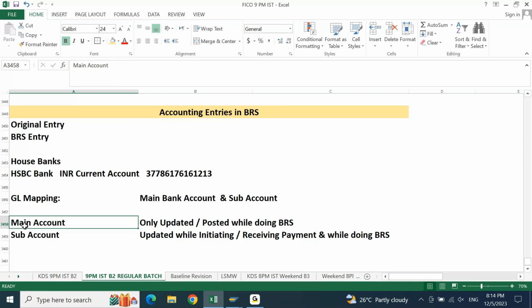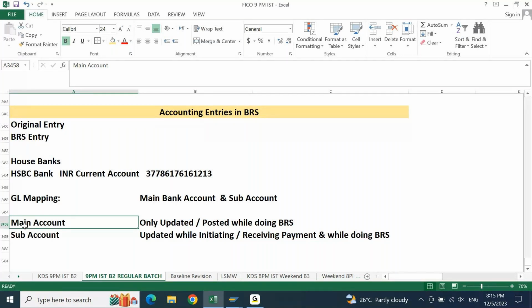When you are reconciling the payment, either incoming or outgoing, in short, either payment or receipt, you are going to post entry in sub account as well. In short, main account is going to have single entry, sub account is going to have double entry. Main account will have single entry. In short, one accounting entry will be updated in main account. In sub account, two accounting entries will be updated.